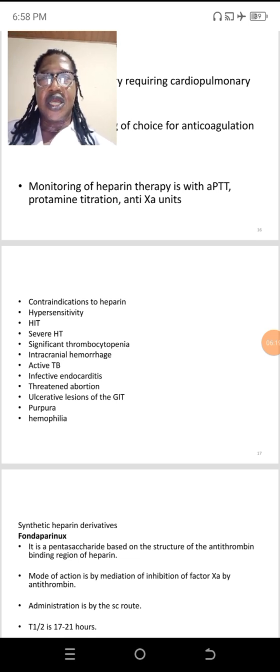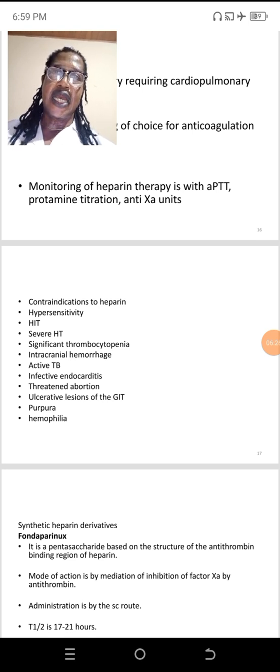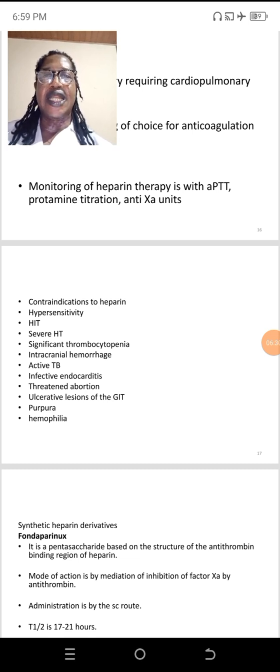And it manifests as a reduction of the blood platelet level to less than 150,000, or reduction to less than 50% of pretreatment values.